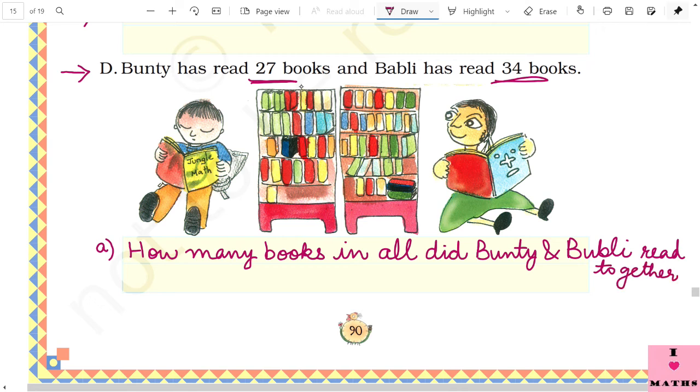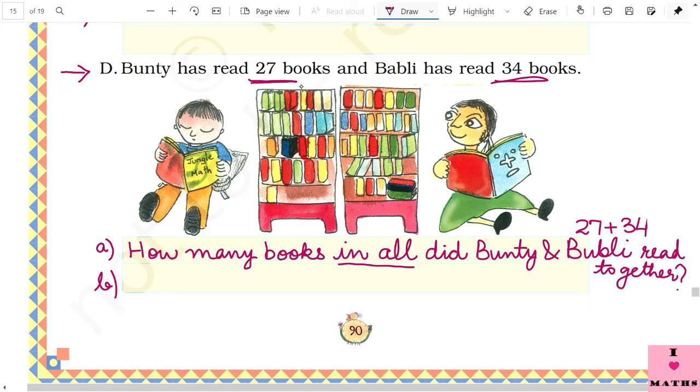Since we have to find books in all, the total number of books read by Bunty and Bubbly, then naturally we are going to add 27 and 34.